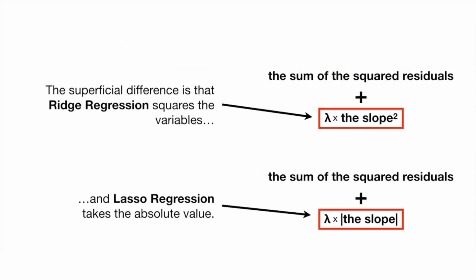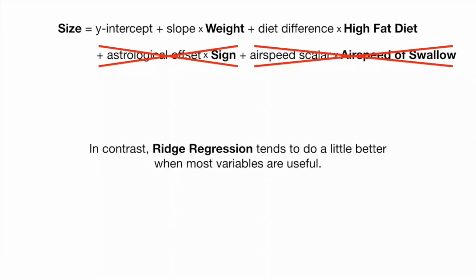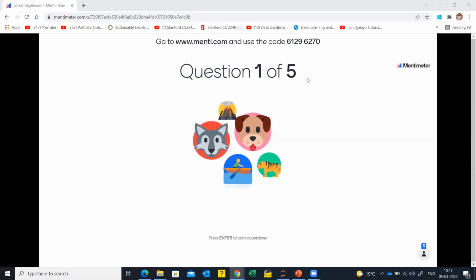So now you understand the difference between both of them by equation. The big difference is that lasso regression can exclude useless variables from your equation. And in contrast, ridge regression tends to do a little better when most variables are useful.